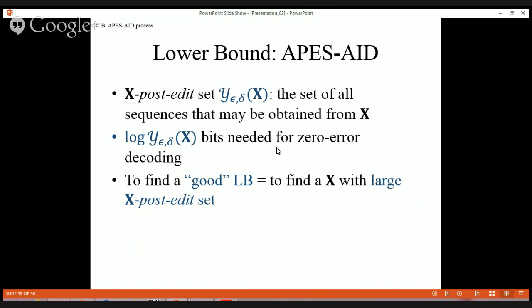So given a pre-added source sequence X, we need log of the size of its post-added set, that many bits, to indicate which post-added sequence it is. Hence, to find a good lower bound, we need to find a pre-added sequence with a large post-added set.